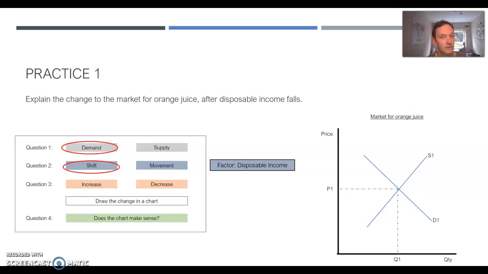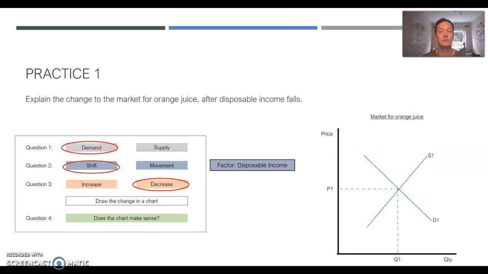Think about it, pause the video and write down your answer. And the answer here is it's actually a decrease. Lots of you possibly would have said increase, but when disposable income falls, we've got less money to spend on goods and services, and so we decrease the amount that we demand.